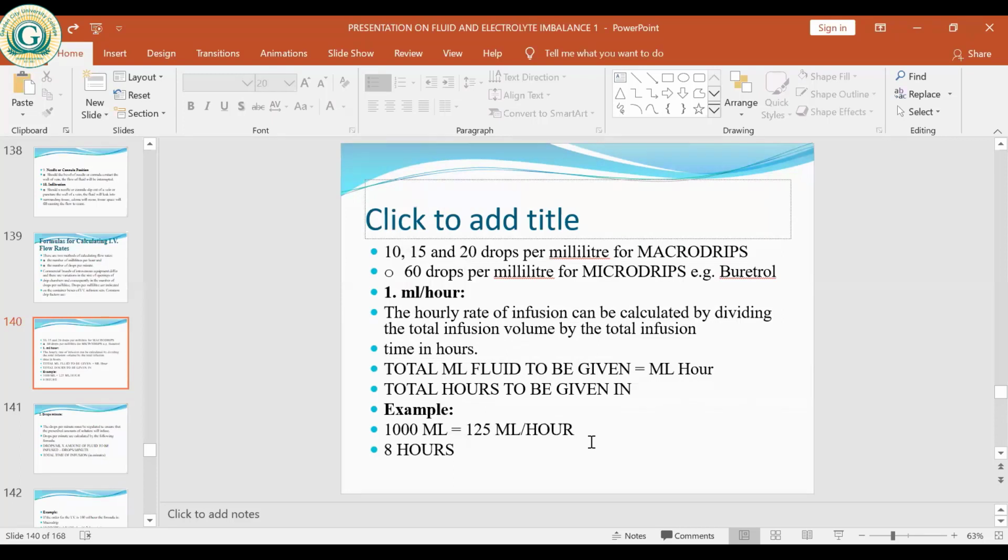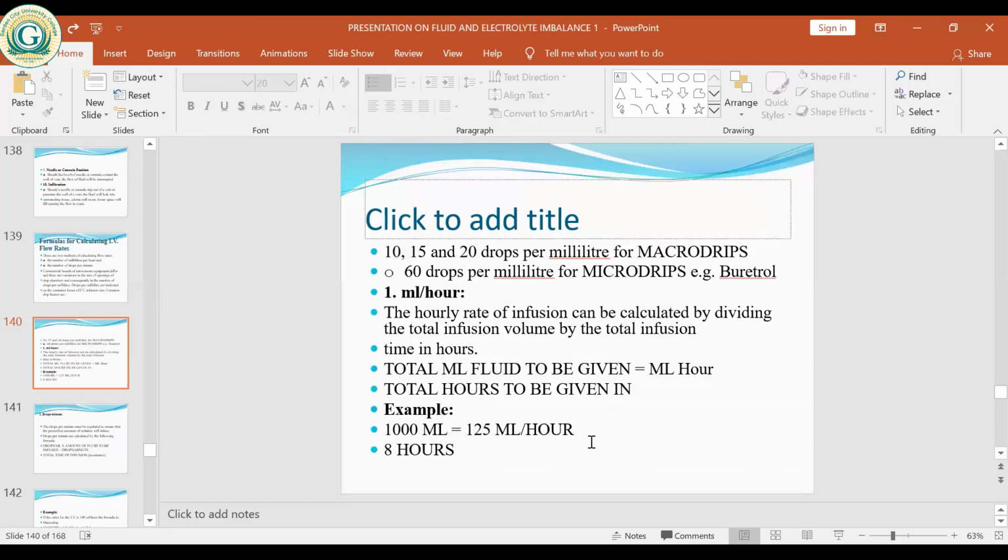The hourly rate of infusion can be calculated by dividing the total infusion volume by the total infusion time in hours. So for example, if I give you 1,000 mils, everybody write 1,000 mils.